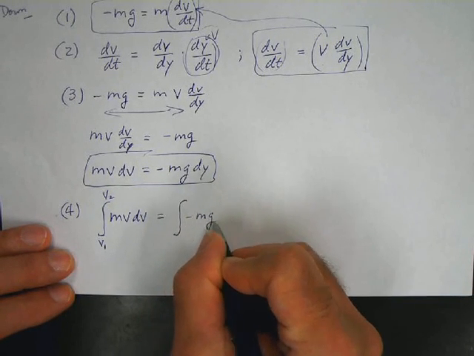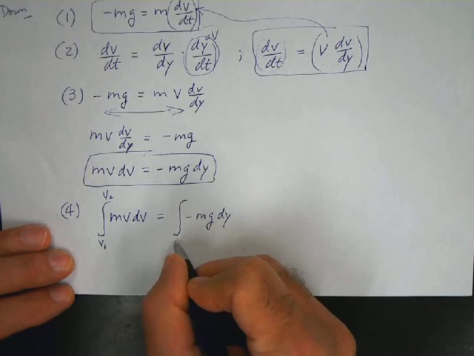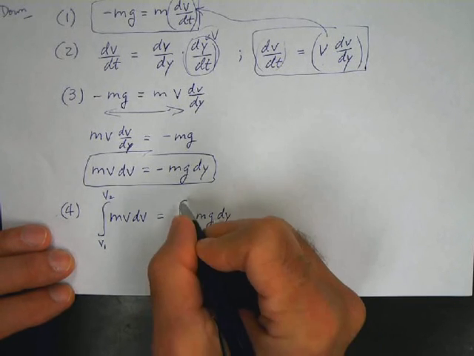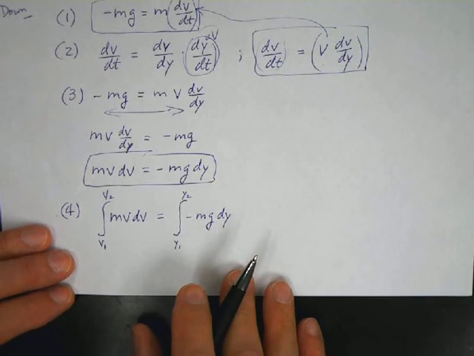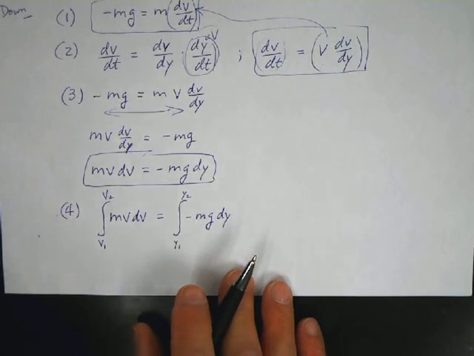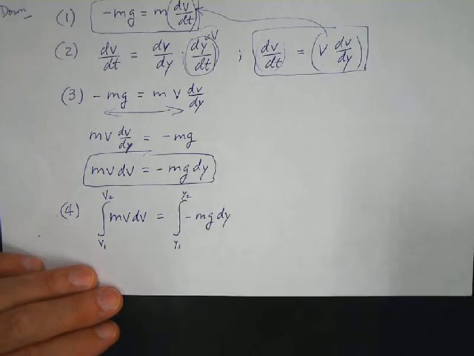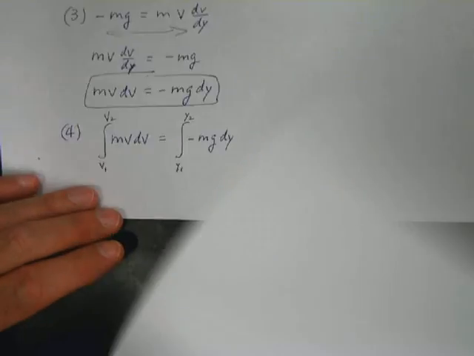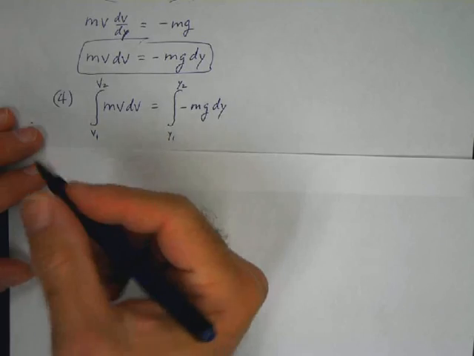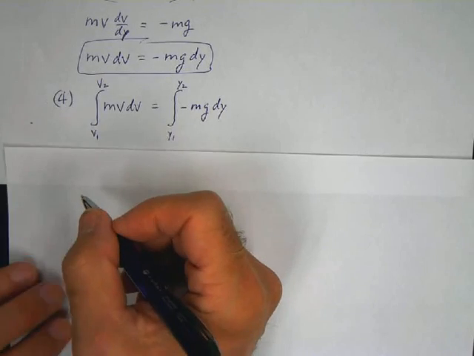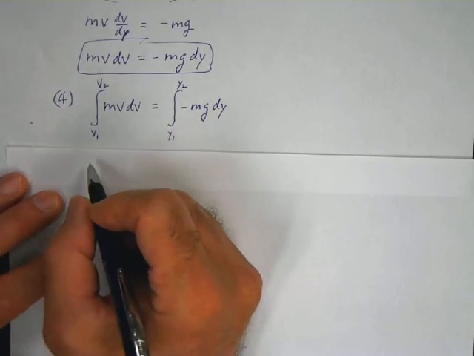And then if we take the integral of that side, we also have to take the integral of the other side. So that'd be the integral of negative mg dy from position 1 to position 2. So those are our limits there. All right. Let me get another piece of paper.